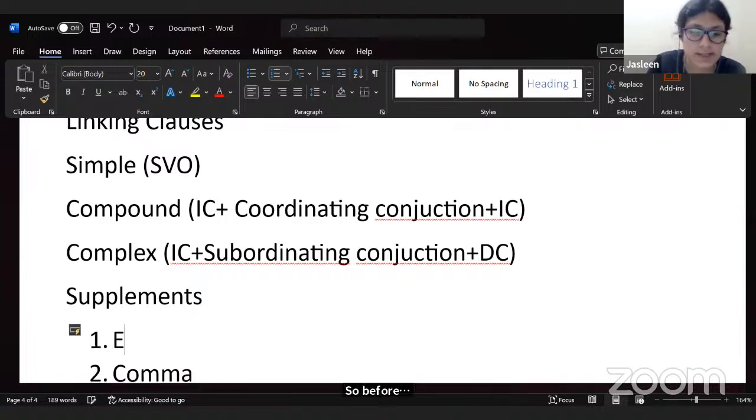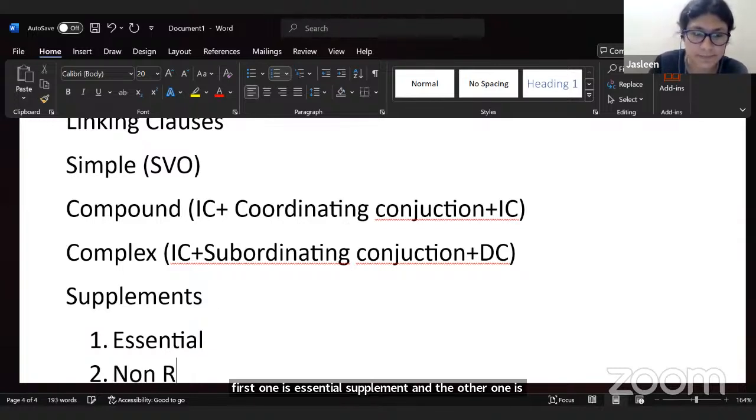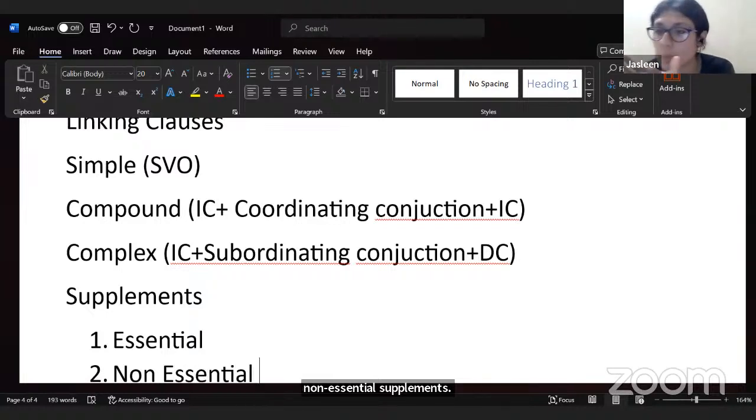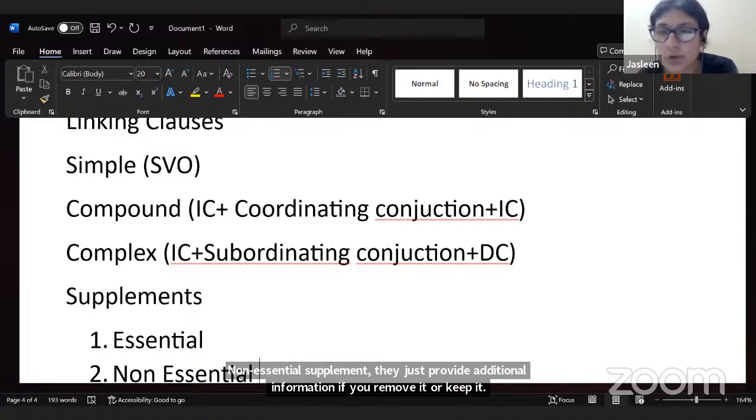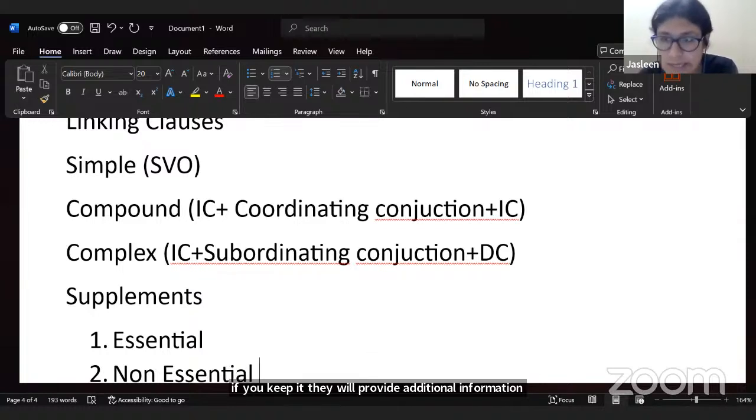The first one is essential supplement and the other one is non-essential supplements. Essential supplements, you have to keep within the sentence. You cannot delete it from the sentence. Non-essential supplements just provide additional information. If you simply remove it, it is not going to make any difference in the sentence.